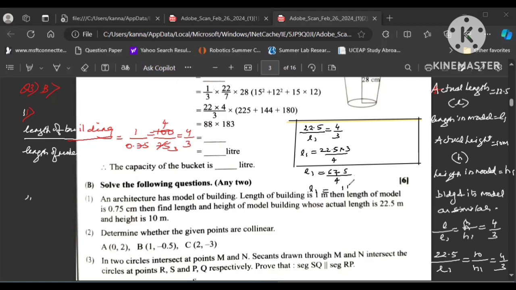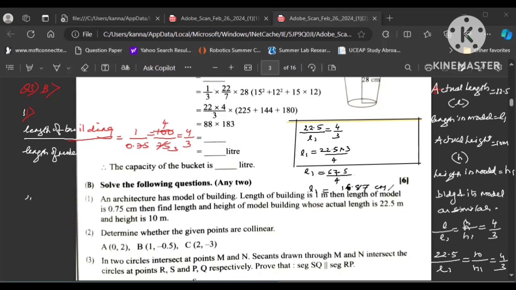So L1 equals 16.87 centimeters. So this many centimeters is the length of the model.